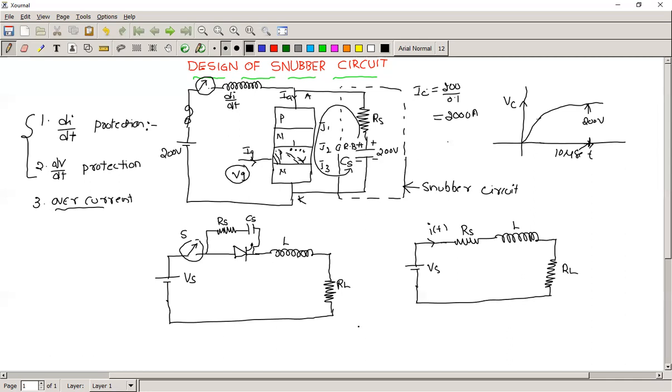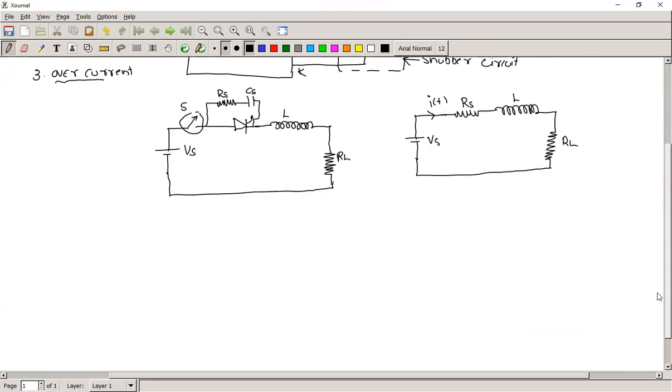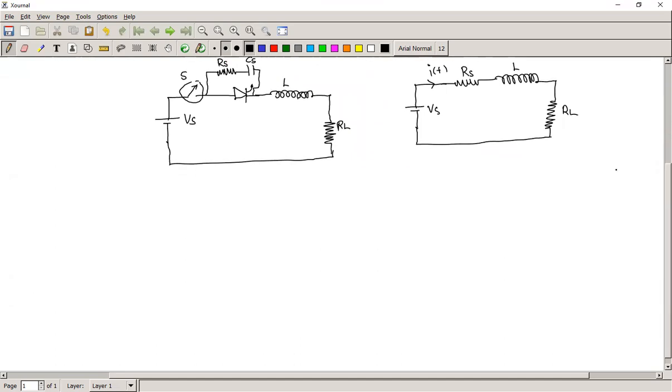Now if you apply KVL in this loop, Vs equals Rs into i(t) plus L into di(t)/dt plus RL into i(t).